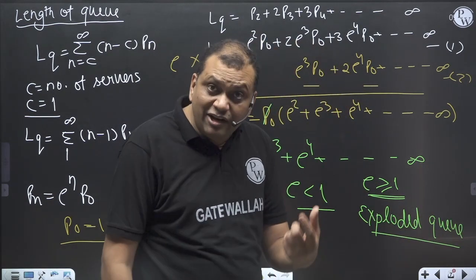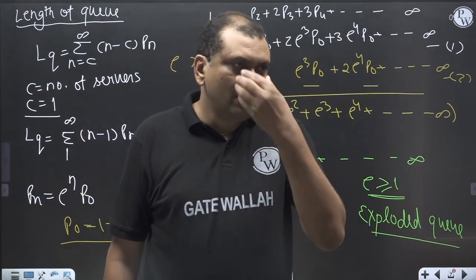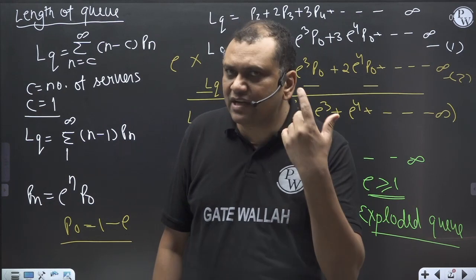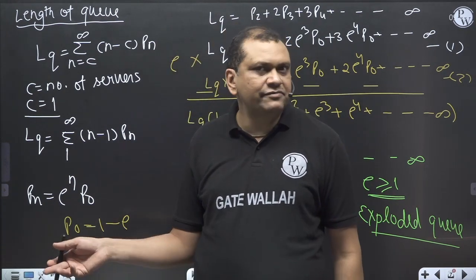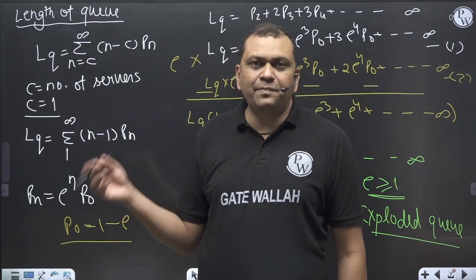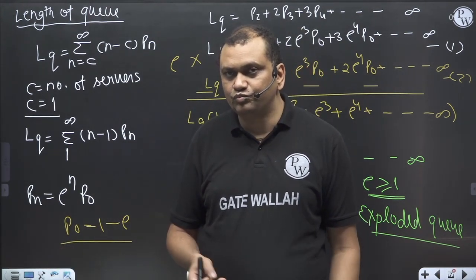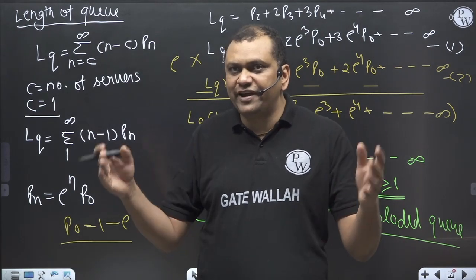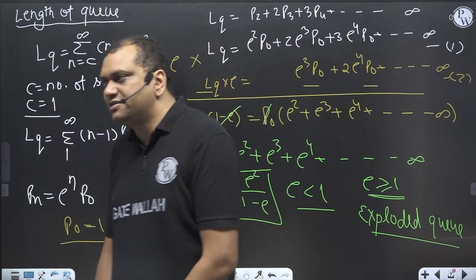If the queue cannot converge, it is called an exploded queue. So in practical life, if there is a situation of exploded queue, better to have multiple servers.